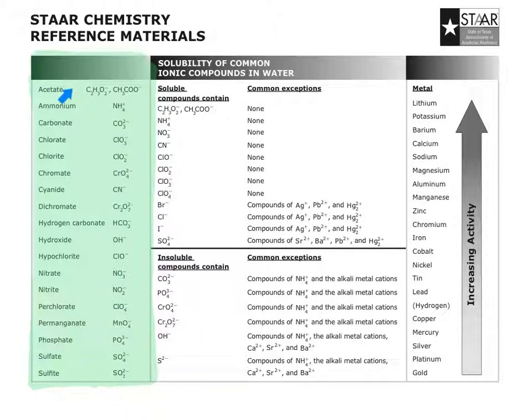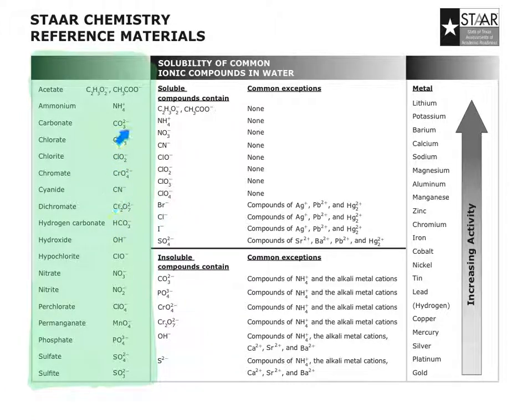Okay, acetate has 2 formulas. The one that I like to use the most is the second one, CH3COO minus. Now notice that every single one of these formulas has a charge. This one has a -1. This one has a +1, a -2, a -1, -1, -2.